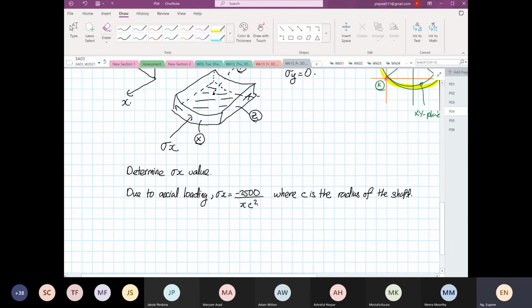And then due to bending, we know it's under compression. Then due to bending moment, again stress X is equal to minus MC over I, where C is the biggest radius.